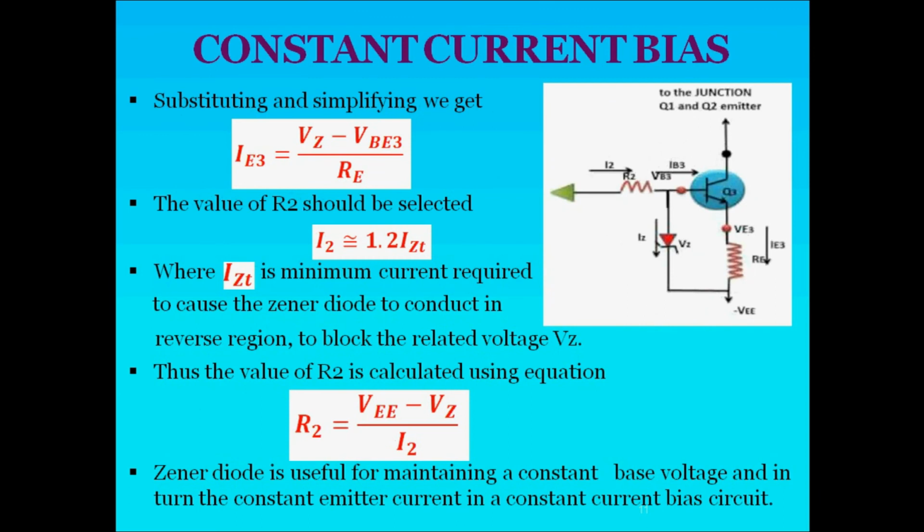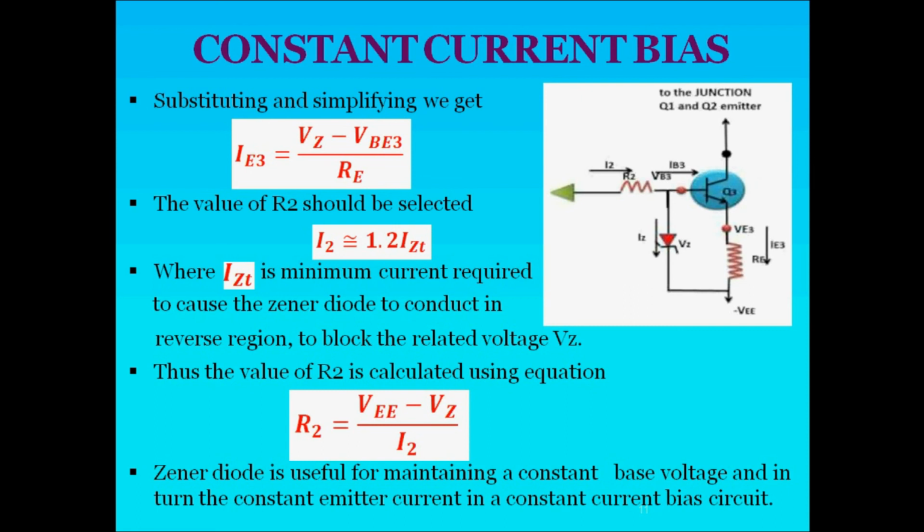The R2 resistor should be selected such that current I2 is approximately equal to 1.2 of IZT. IZT is the minimum current required to cause the Zener diode to conduct in the reverse region and to block the rated voltage VZ. Thus, the value of R2 is calculated using this equation.